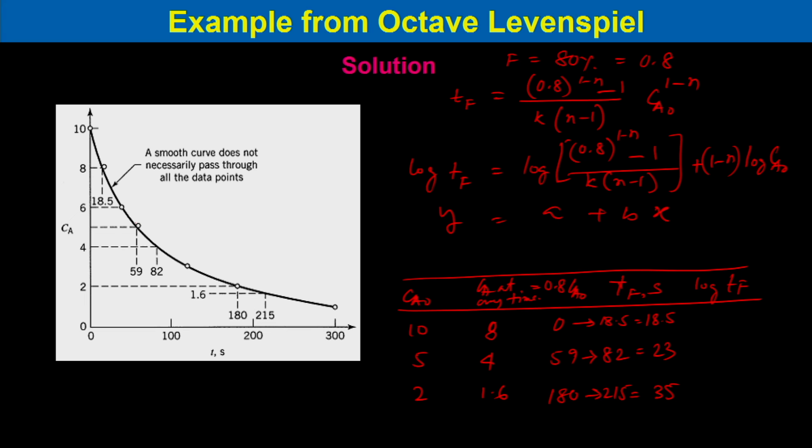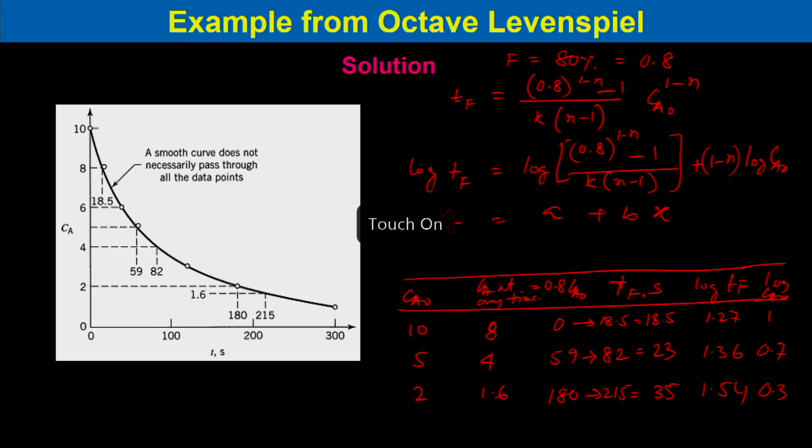So, if we calculate log Tf of 18.5, it is equal to 1.27. Similarly, for the others it would be 1.36 and 1.54, and similarly we can calculate log Ca naught, which is 1.7 and 0.3.